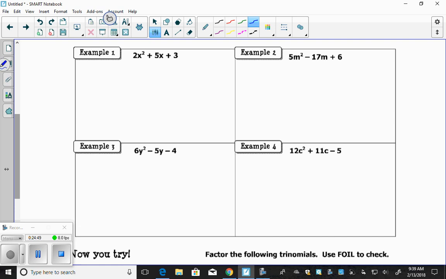So what is A in this problem now? 2. What is C? So what's 2 times 3? 6. So now you're factoring 6. What are factors of 6? Okay? So which of those factors add to give me 5?